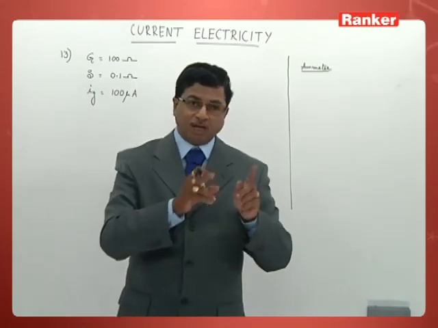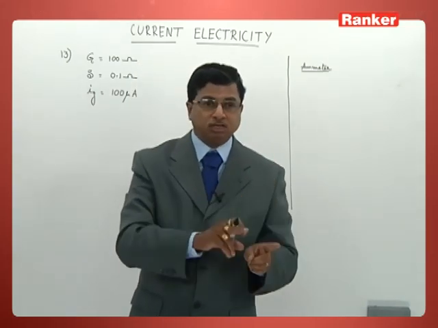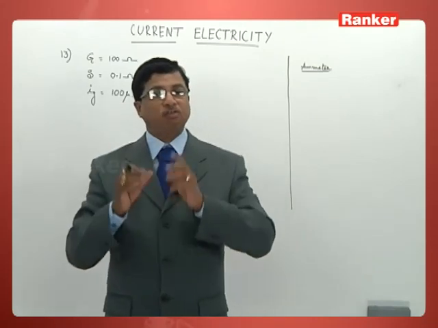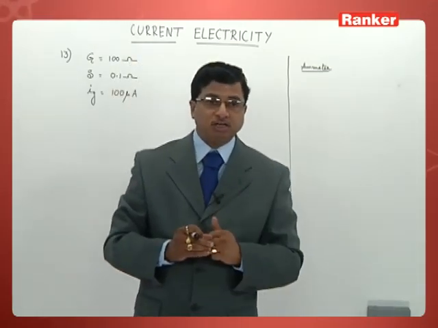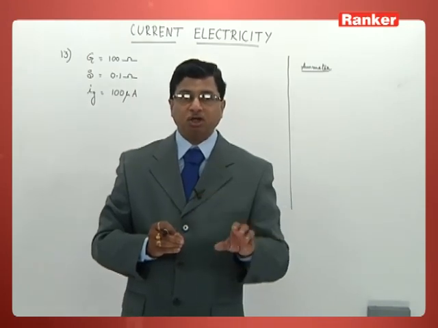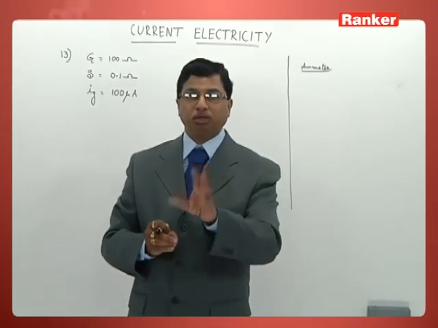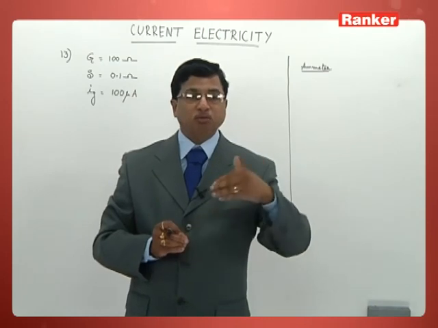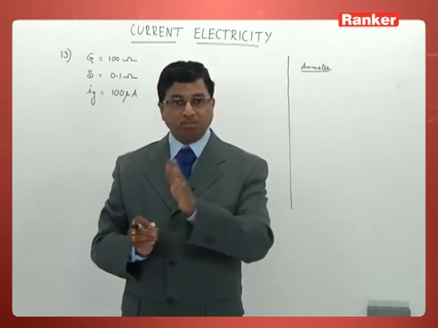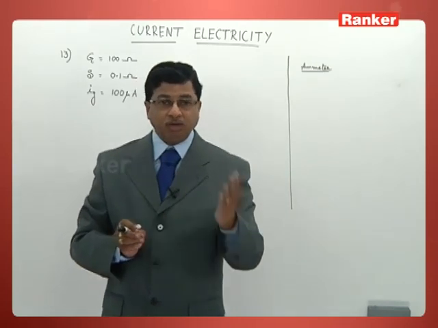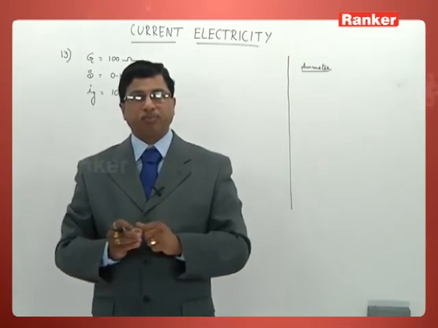Similarly, a galvanometer can be converted into a voltmeter also. Which galvanometer do we prefer taking here? Generally we go for the moving coil galvanometer. That moving coil galvanometer can be converted into an ammeter as well as a voltmeter.